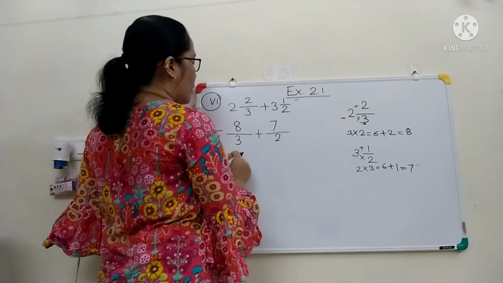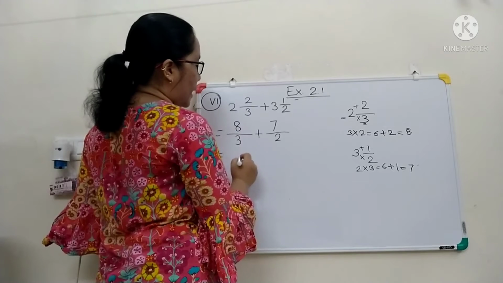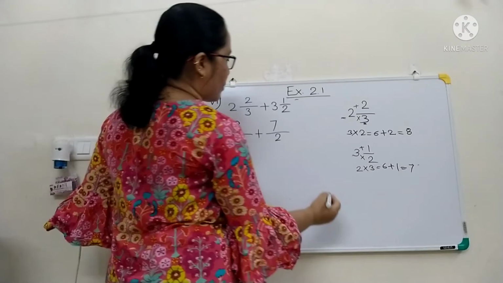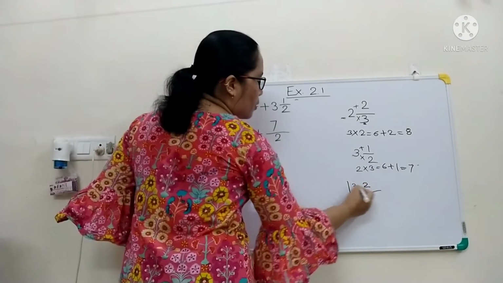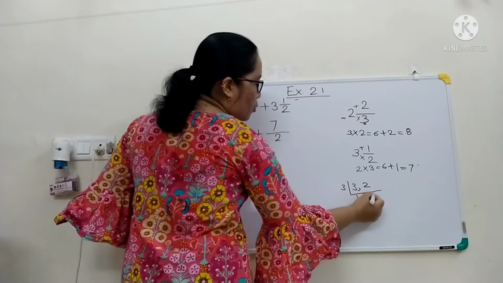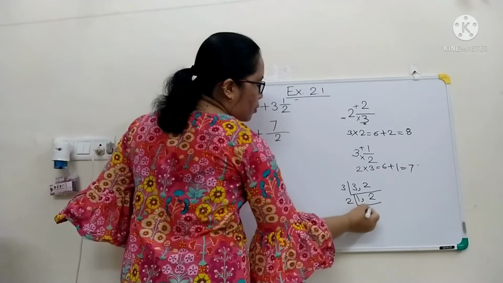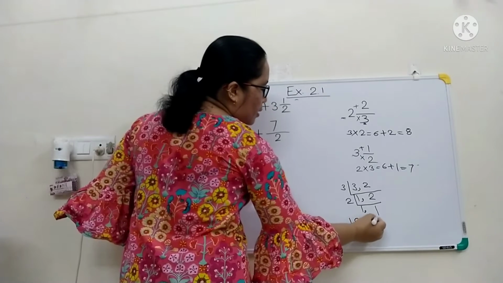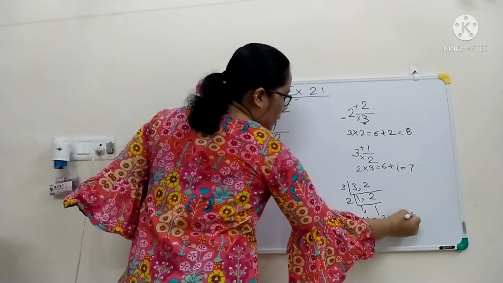Now we will do the next steps to get the answer. Okay, so here two different denominators are there, so we have to find out the LCM of these two. 3, 2, 3 1s are 3, then 2 will come down, then again 2 1s are 2, 1s are 1. So LCM is equal to 3 multiplied by 2 is equal to 6.